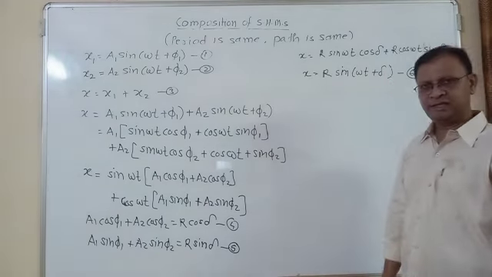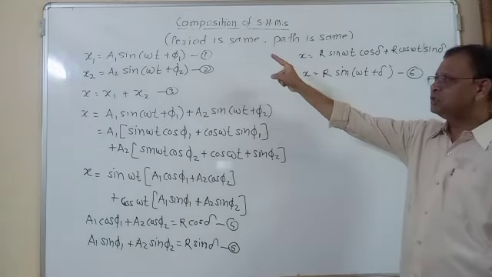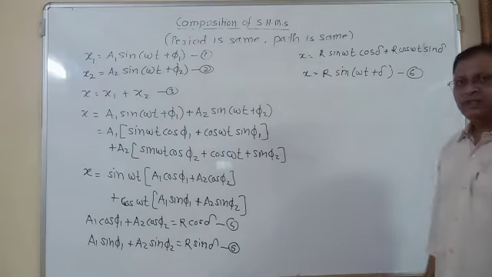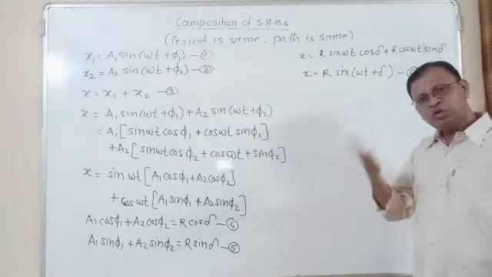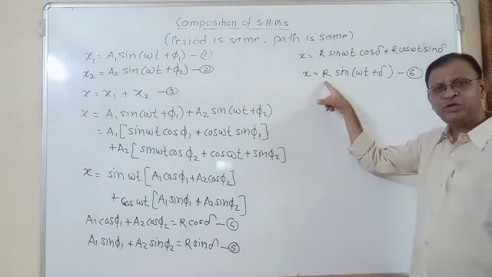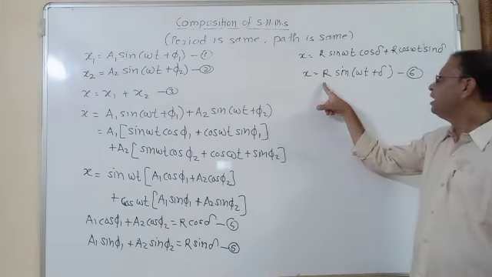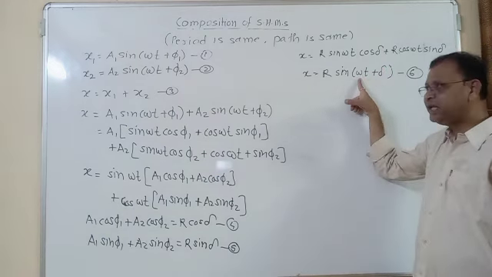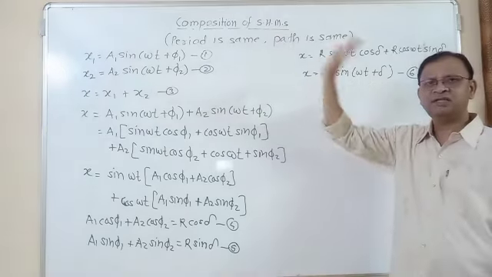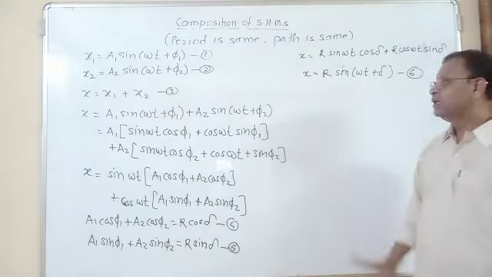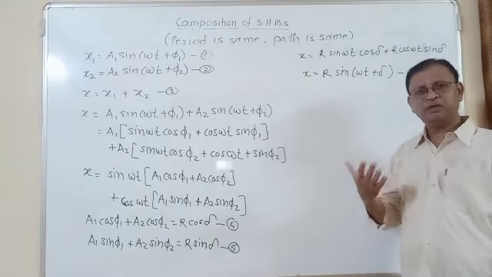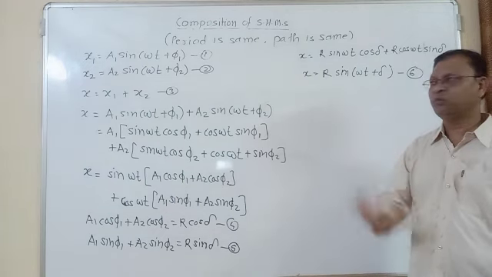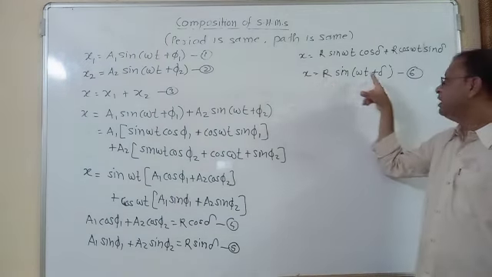So whenever a single particle is subjected to two simple harmonic motions, the resultant motion is a simple harmonic motion whose resultant amplitude is R, initial phase is delta, but this S.H.M. has the same period as that of the original simple harmonic motions. Okay, so whenever the particle is subjected to two simple harmonic motions, the resultant motion is also a simple harmonic motion whose amplitude is R and initial phase is delta.